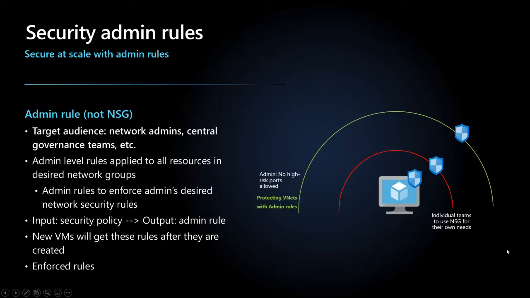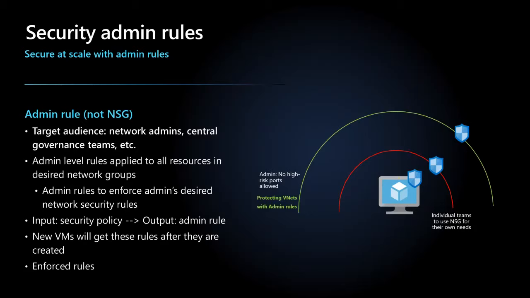On the right-hand side, you have an illustration of how you can use this. Admins can say, okay, I want to block all of the high-risk ports by creating a deny high-risk port admin rule. In this way, all of the VNets specified with this rule will be protected by admin rules. So no matter how NSG rule owners modify NSGs, this rule will still be enforced.